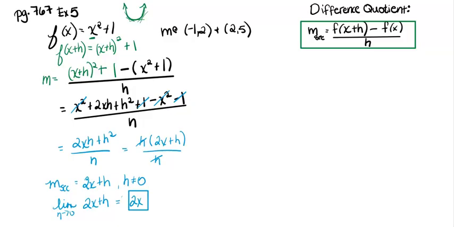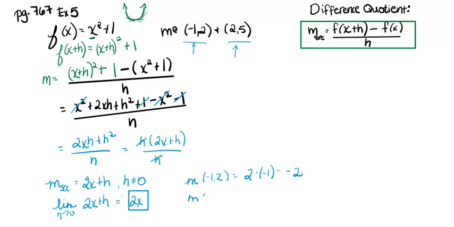And it says to find what the slope is at these 2 points. I can find the slope at negative 1, 2 and at 2, 5. And the way I do that is I just plug in my x values at those 2 points. So the slope at the point negative 1, 2 is equal to 2 times negative 1, which is equal to negative 2.